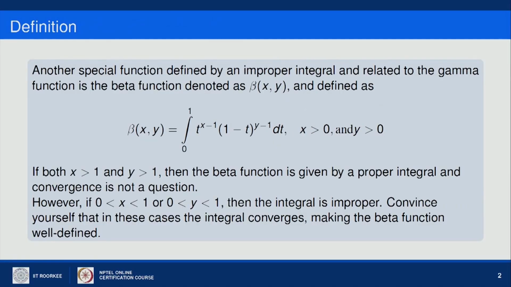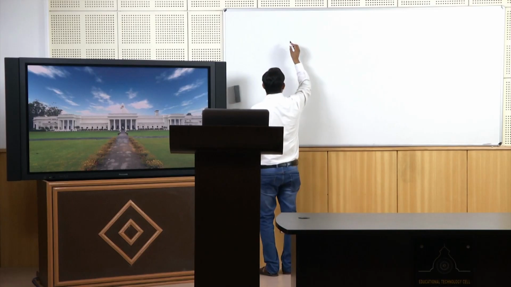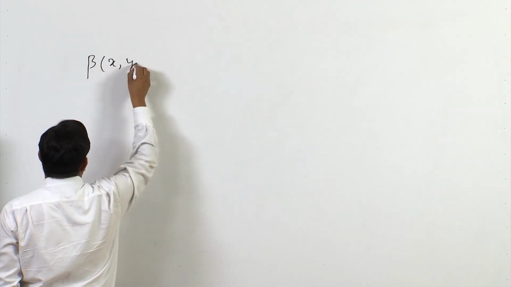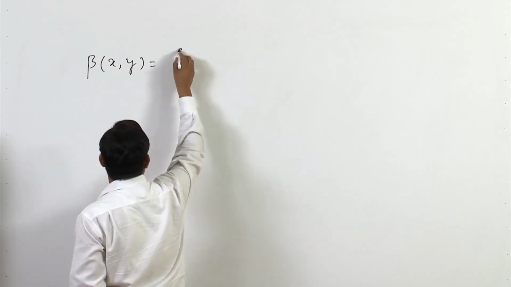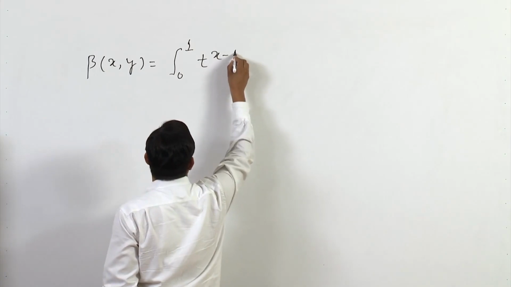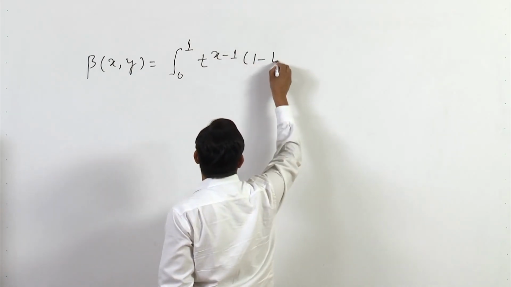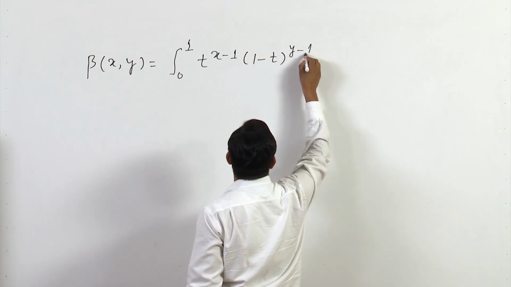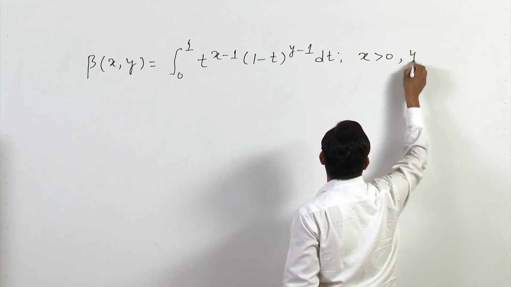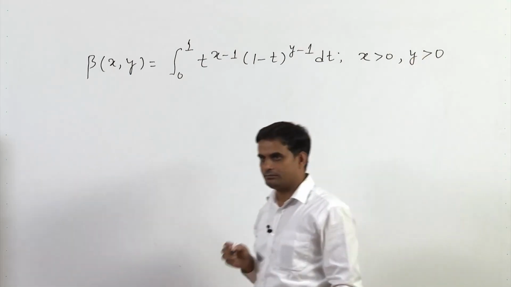Now, based on this definition, we will take some important properties, or I will say important identities, of the beta function. We have defined the beta function as beta of x, y equals the integral from 0 to 1 of t raised to power x minus 1 into 1 minus t raised to power y minus 1 dt, where x is greater than 0 and y is greater than 0.